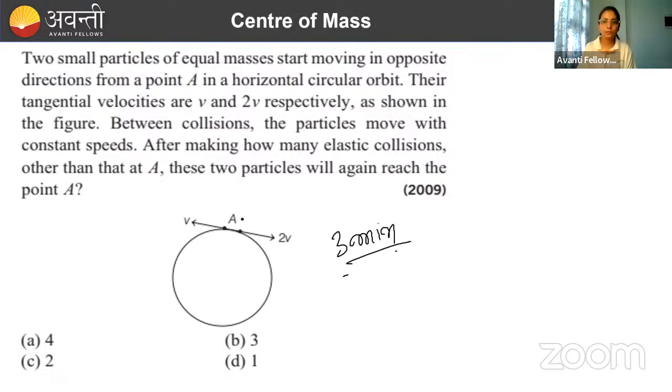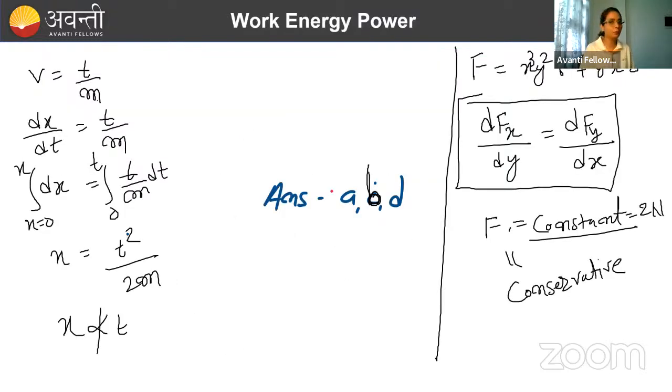Okay, once more: the condition for a conservative force. I told you now, if force is given as a function of x, y, like this, and it is asked whether the force is conservative or not, there is a rule for that. In the previous class, I told you the rule to calculate equilibrium points and whether that equilibrium point will be stable or unstable.